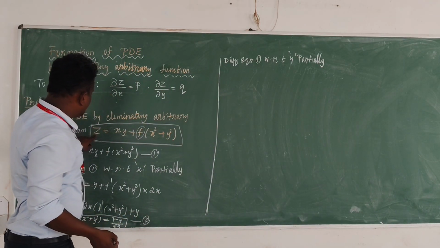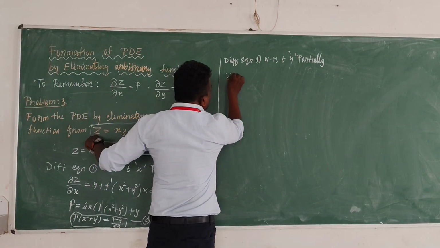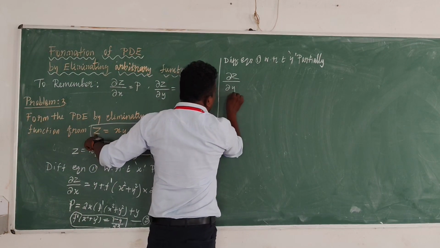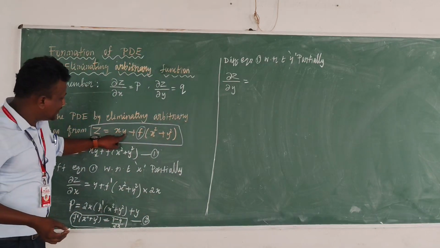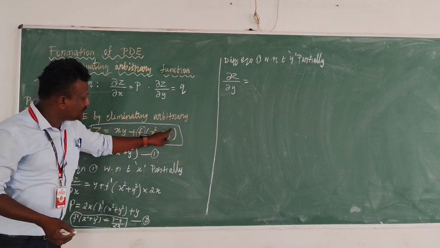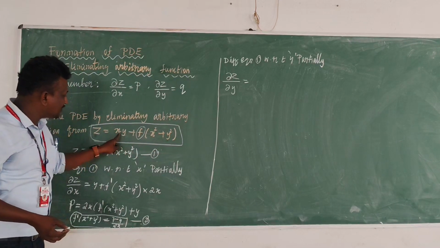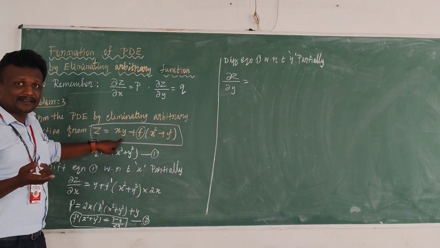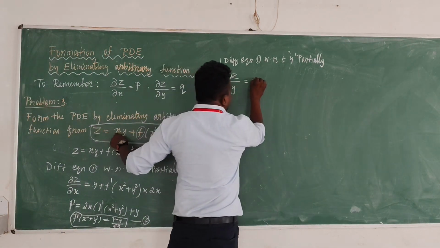What will the answer be? When we differentiate with respect to y, z becomes ∂z divided by ∂y. Let us move to the right side. On the right side here we have y and also in the function we have y, so we need to differentiate both. When you differentiate y here, what is your answer? It is 1. So 1 times x is again x.